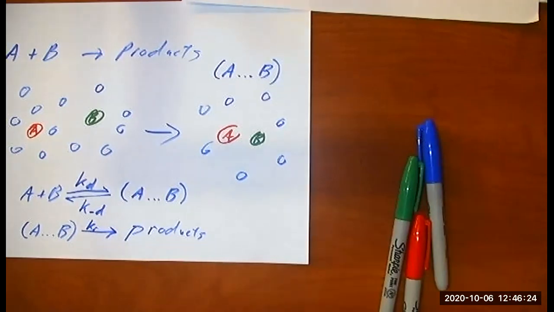But pretty clearly, that's not what's going on in solution, because the molecules are constantly in contact with each other, exchanging energy with each other, and so you constantly have this adjustment of energies.